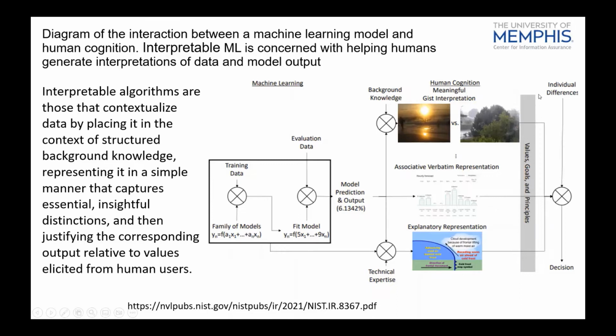And that's the difference in decision making. Interpretability algorithms are those that contextualize data by placing it in the context of structured background knowledge, representing it in a simple manner that captures essential, insightful distinctions, and then justify the corresponding output relative to the value elicited from the human user.